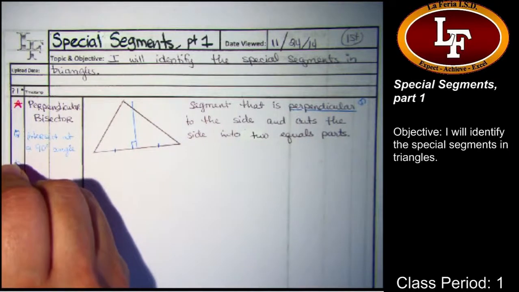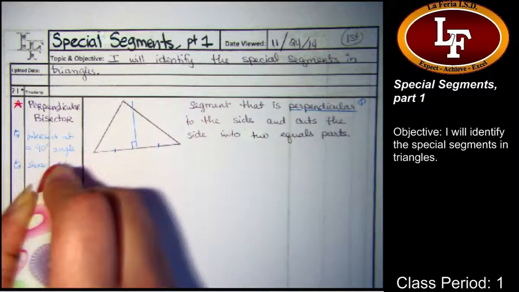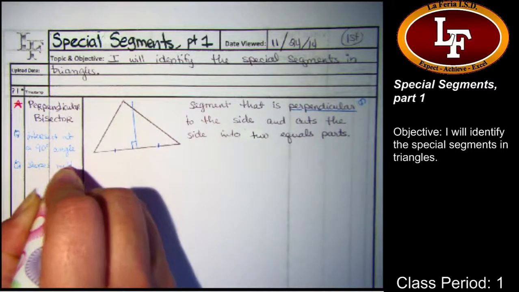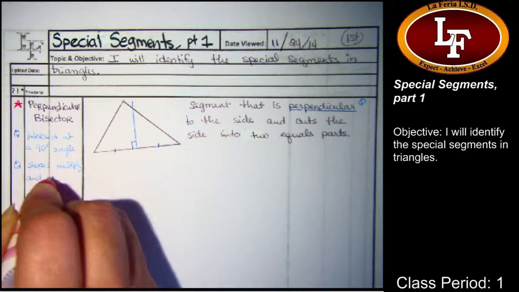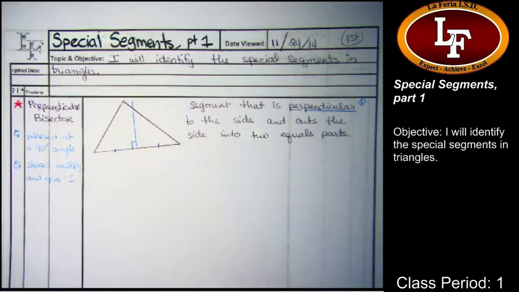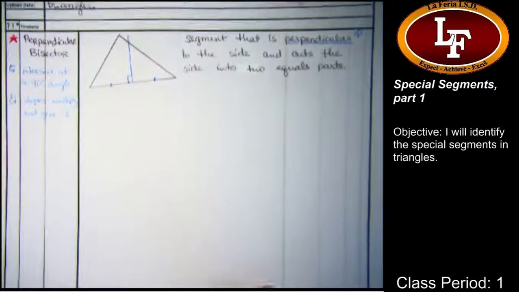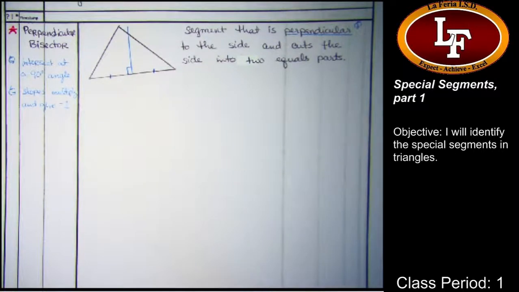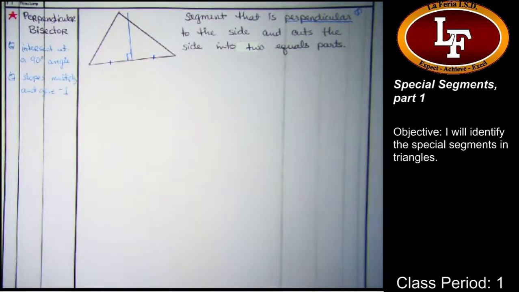Another thing that we need to remember is that the slopes multiply and give a -1. A couple important things to remember about perpendicular lines.